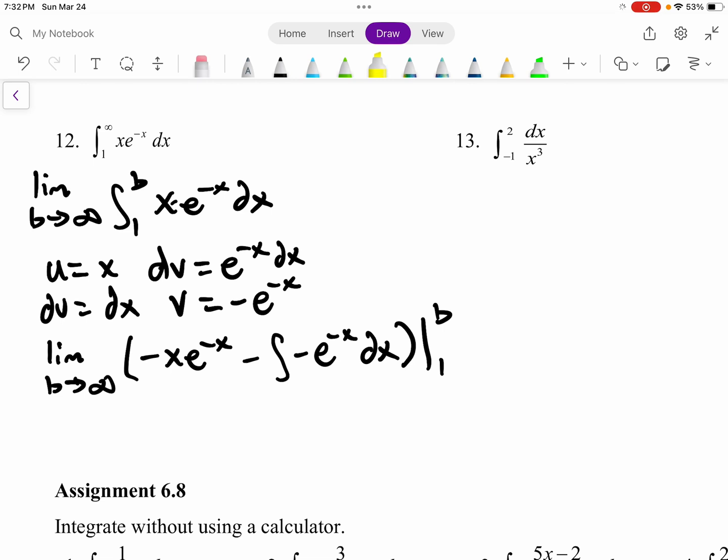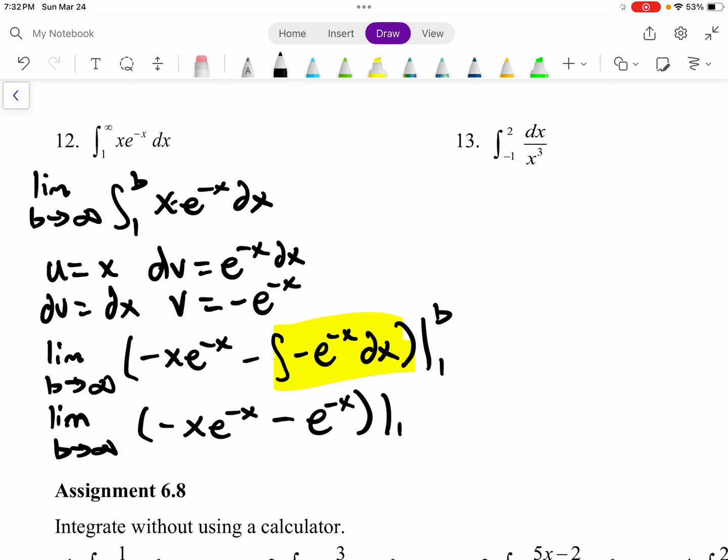I'm going to just finish this off by taking that definite integral right there before I go on. So I have the limit as b approaches infinity of negative x e to the negative x. The minus and the negative can cancel out, but then when you integrate it, you end up with another negative. So we end up with a minus e to the negative x. Okay, now I got to plug in b and 1. So I have the limit as b approaches infinity.